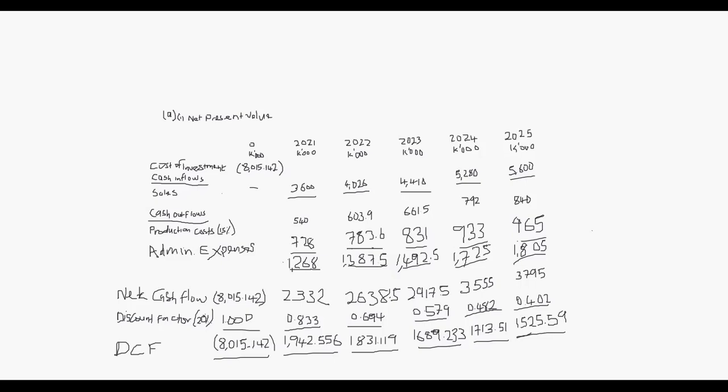These are undiscounted cash flows. Then 3,795. So let's go back to our whiteboard, where we are working from.